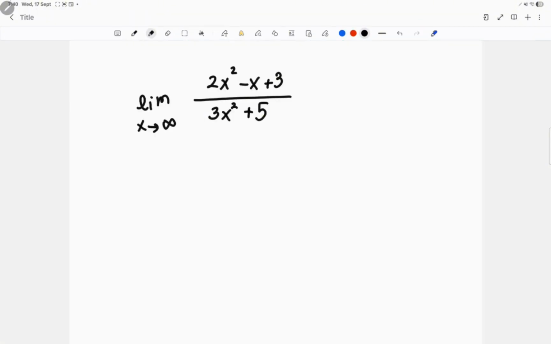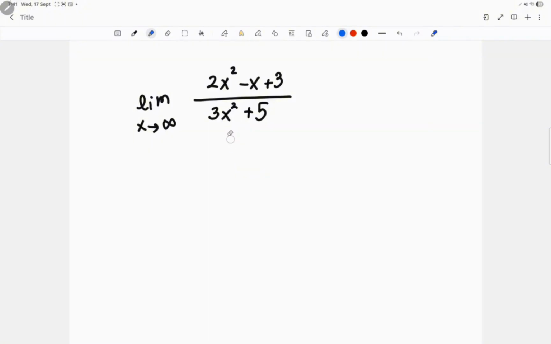Here we have something new. Here we have the limit of x approaching infinity. When x approaches infinity or negative infinity, what you do is you divide everything in the numerator and denominator by the highest power of x in the bottom of the function.